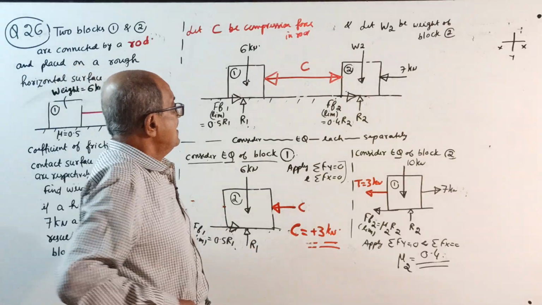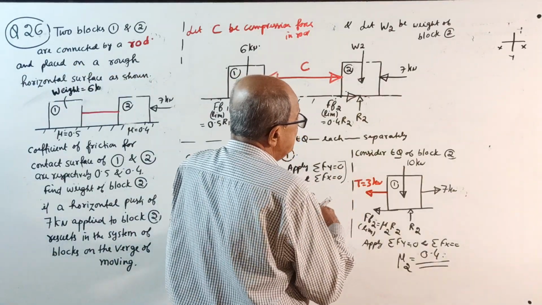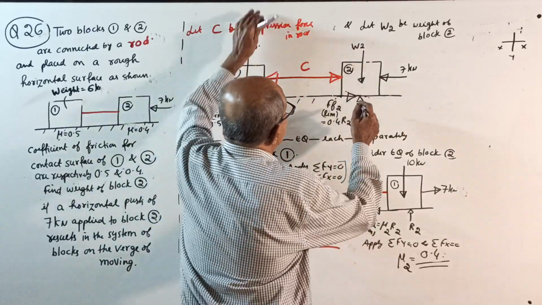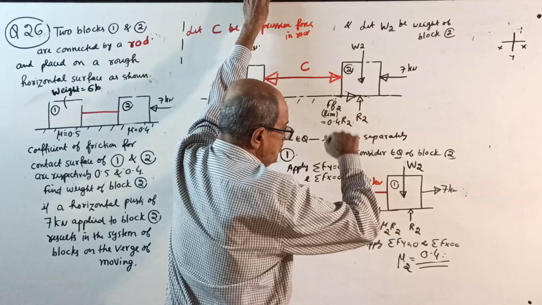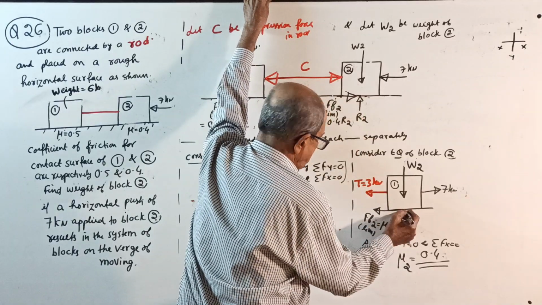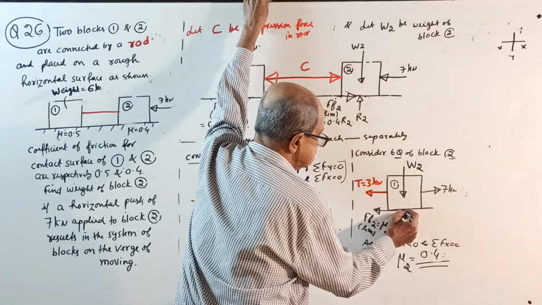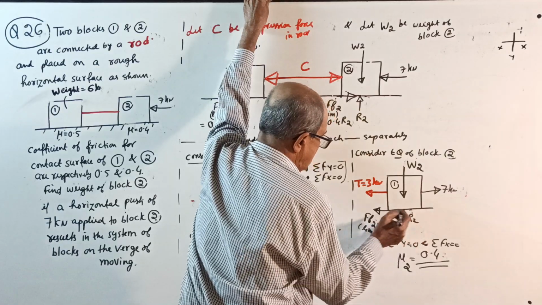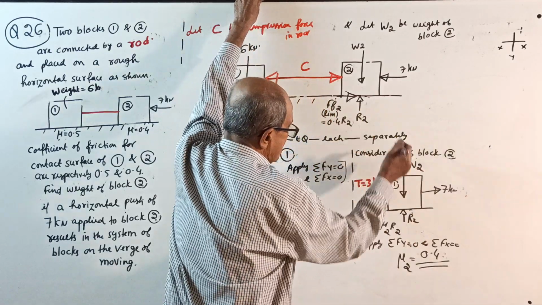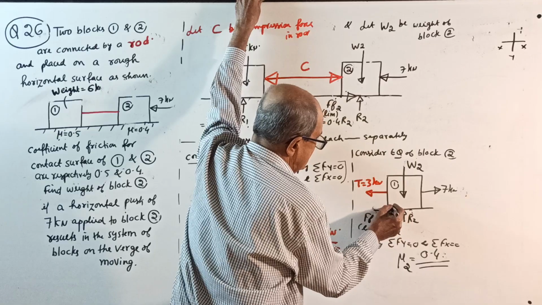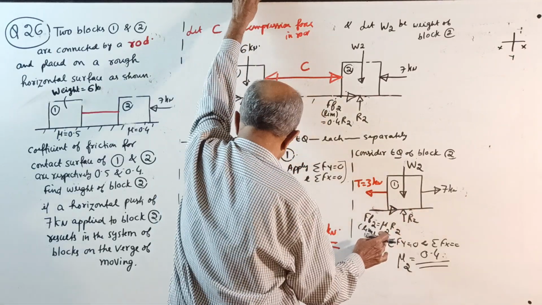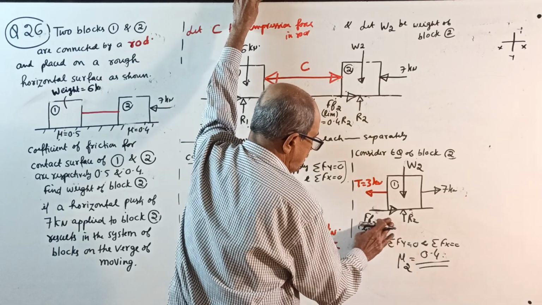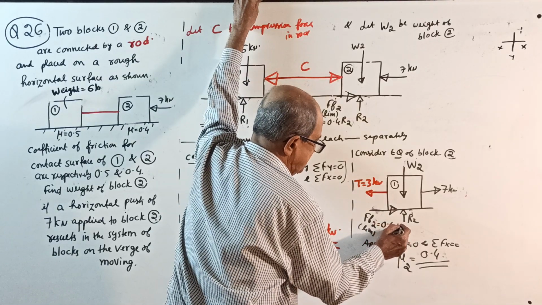Okay, then now consider equilibrium of block 2. When you consider block 2, the weight W2 is unknown. So now this is your R2, and frictional force is to the right side, not mu R2, it is 0.4 R2. These corrections you should not make.